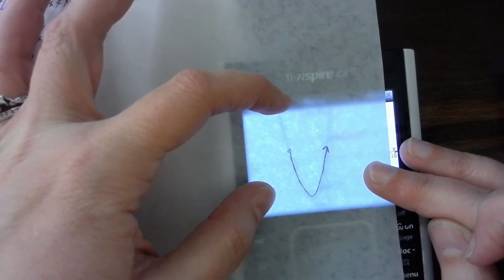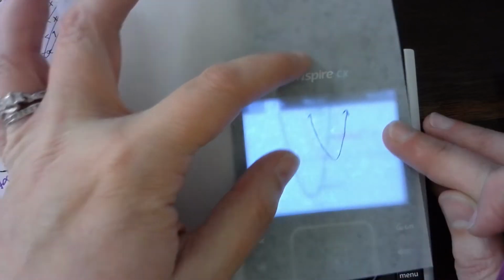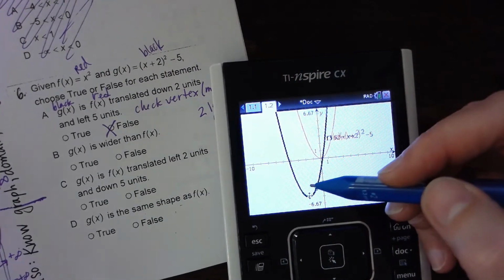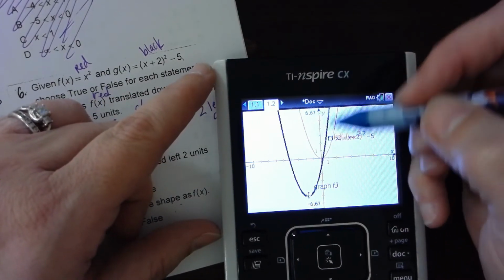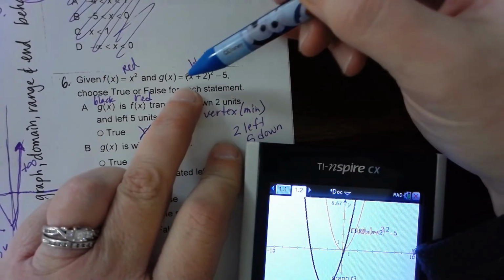Did it get wider? Can you see that? You see how it's exactly the same? It's just shifted down. It actually looks like it's bigger because we see more of the graph, but that's just our eyeball tricking us. These graphs are the same width. There is no number in front of this x squared.